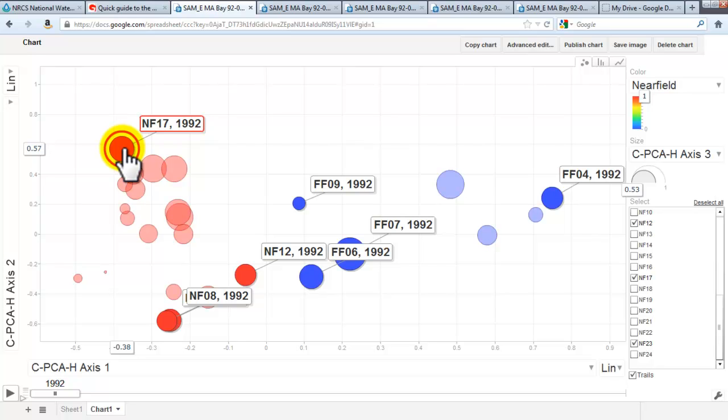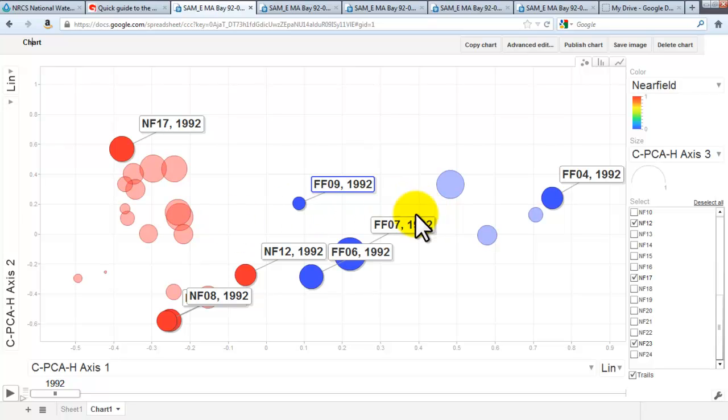The indicator variables indicating near field and far field were also included, as well as an indicator variable indicating pre versus post, so pre-outfall samples and post-outfall samples. So you can see here, this is C-PCA-H axis 1, C-PCA-H axis 2.